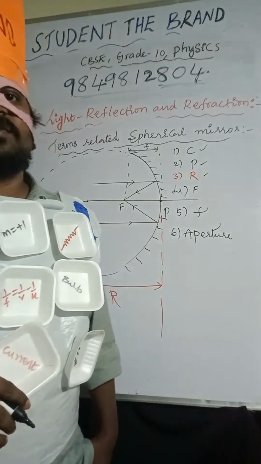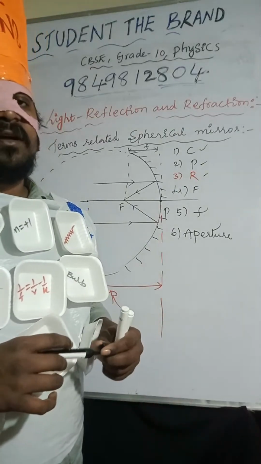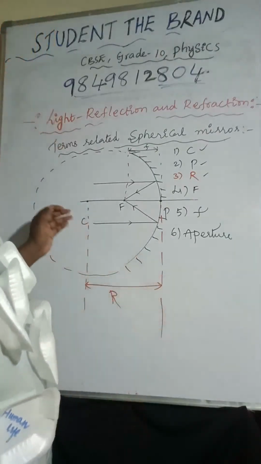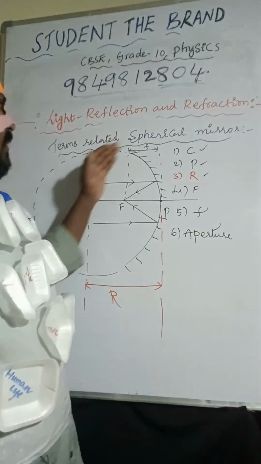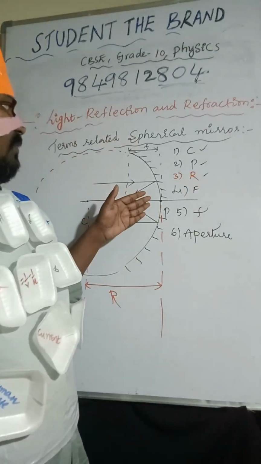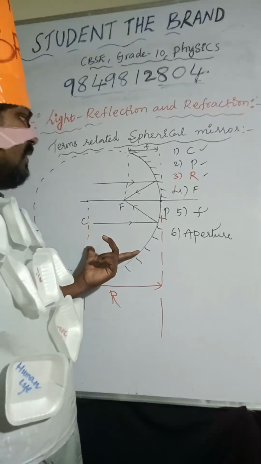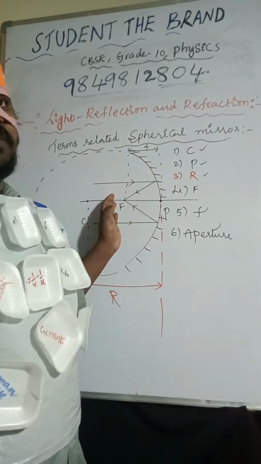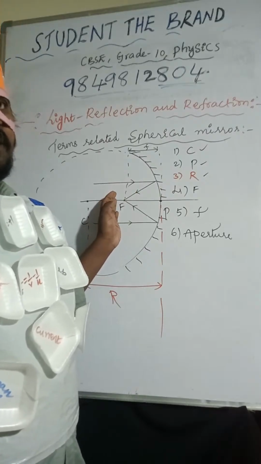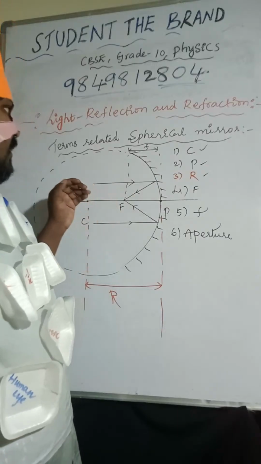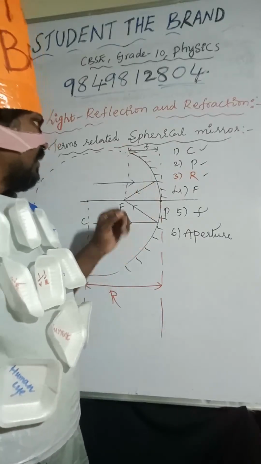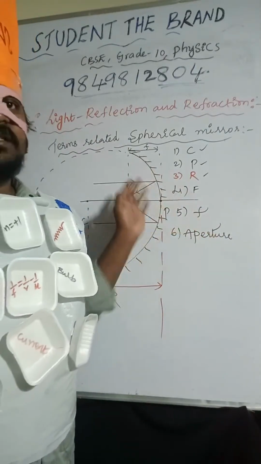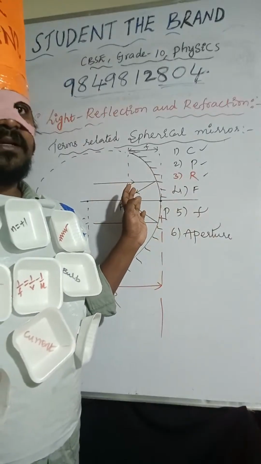Where reflection takes place, that width is called the aperture. So the center of curvature is the center of the imaginary sphere, the pole is the midpoint of the mirror, the radius of curvature is the distance between them, the focus is where the rays meet on the principal axis, the focal length is the distance from focus to pole, and the width of the mirror is the aperture. These are the terms related to spherical mirrors.